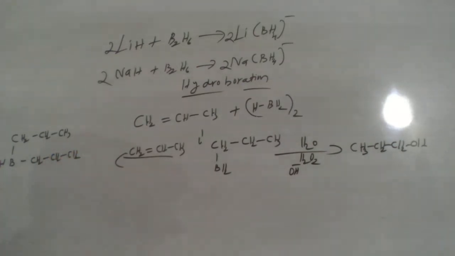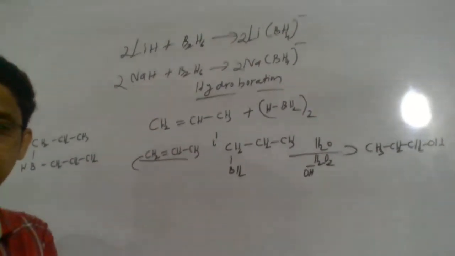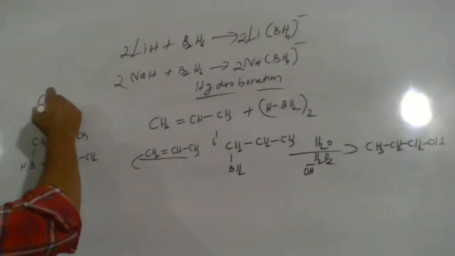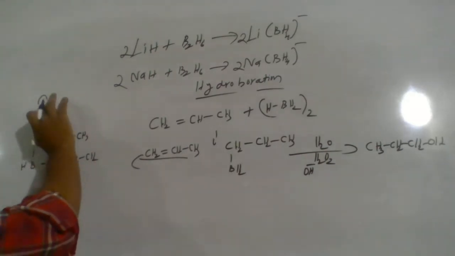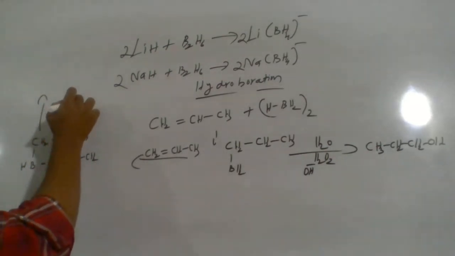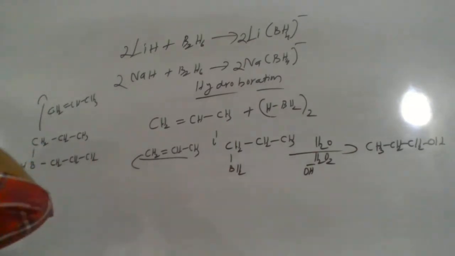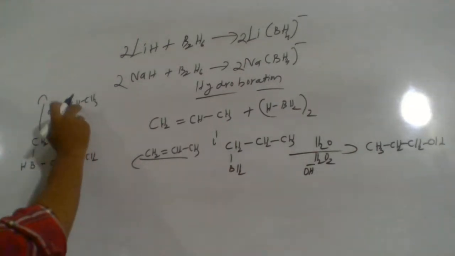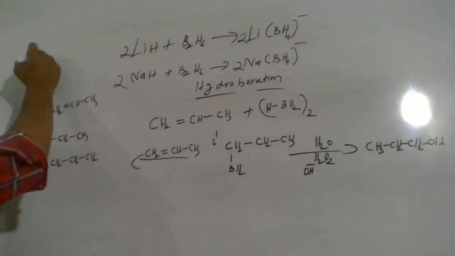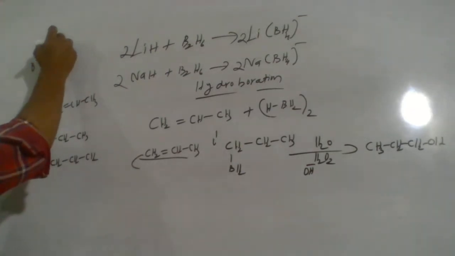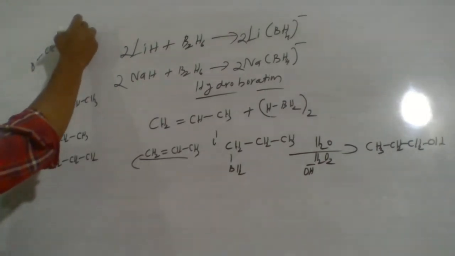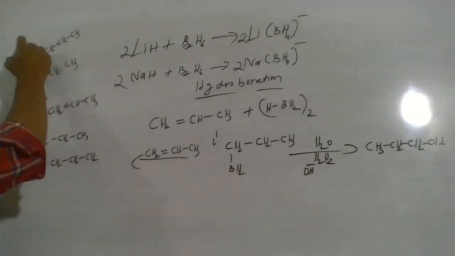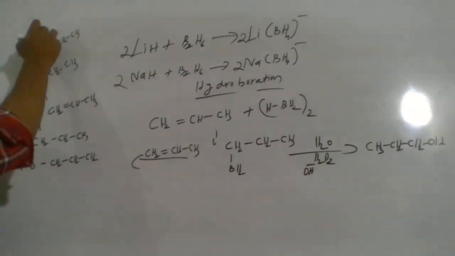That's another compound you are getting. Now, if you treat with another alkene, CH2=CH-CH3, again this will split into boron and hydrogen, so hydrogen will go here. We get a product B(CH2CH2CH3)3.